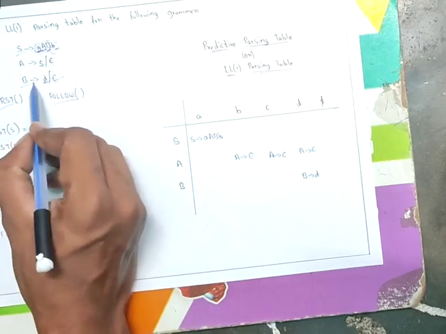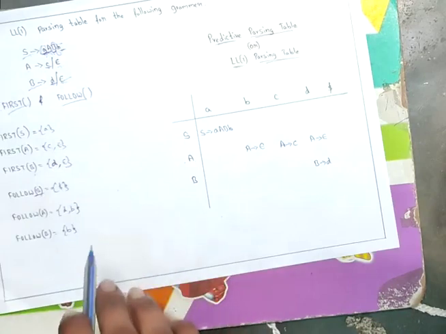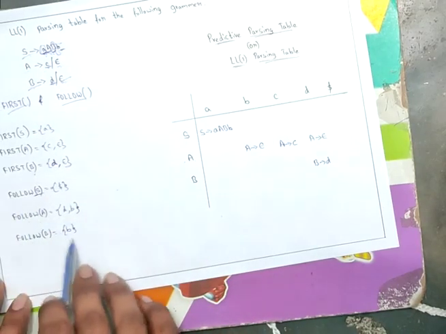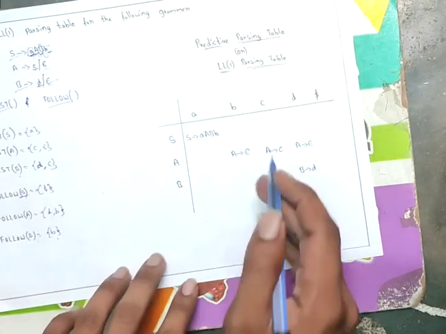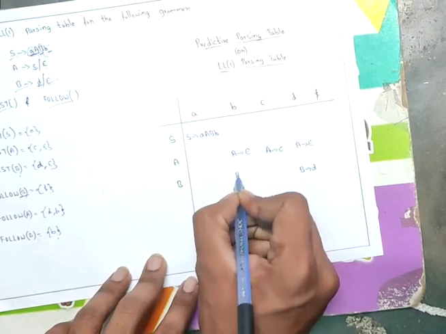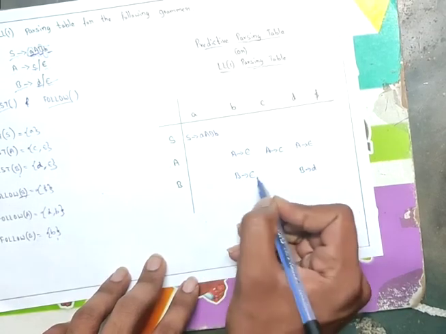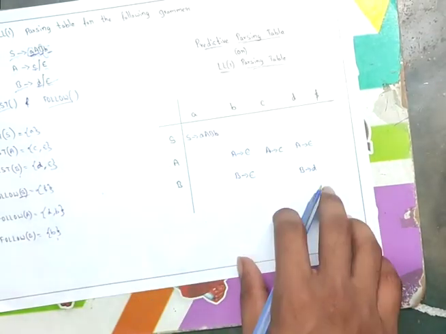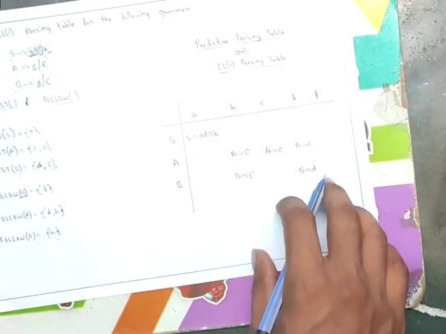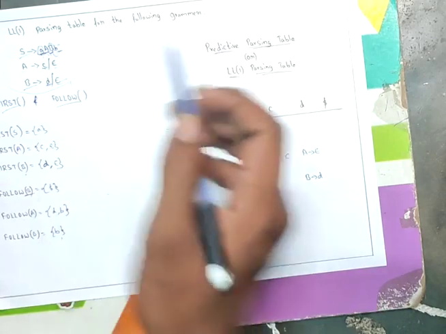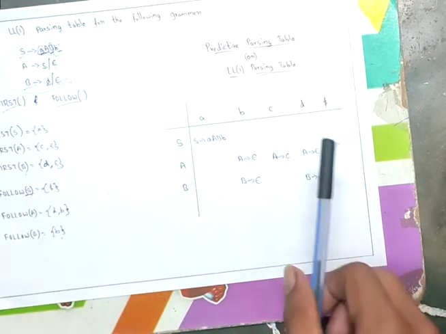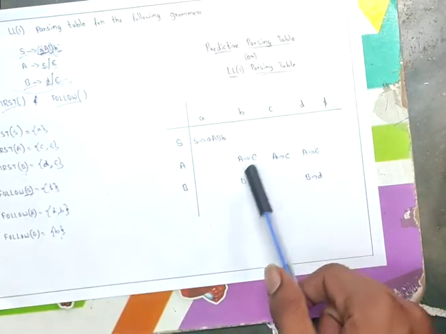The LHS is B, so we have to consider the follow of B. For follow of B we have the element small b. So we have to write this production rule under small b. B goes to epsilon. And this is the LL1 parsing table for the given set of production rules. Thus the LL1 parsing table is drawn for the given grammar.